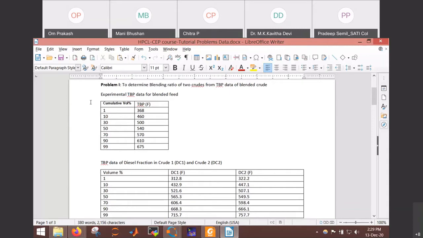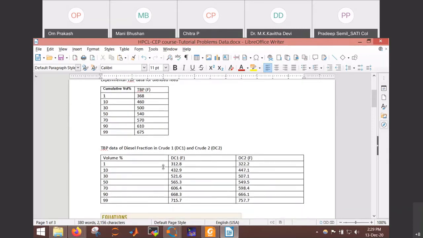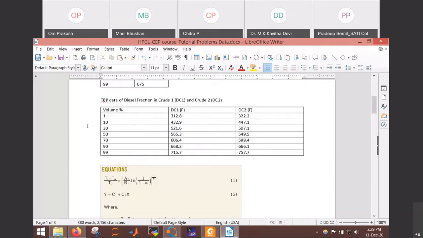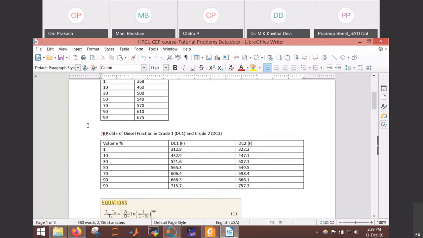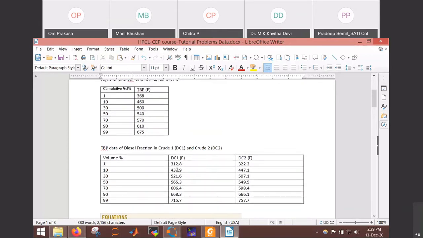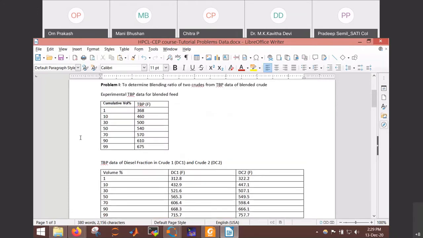This is my desired property, and these are my given crude oils. So the objective is to find the volumetric ratio in which we should mix these two crude oils so that I will obtain this.